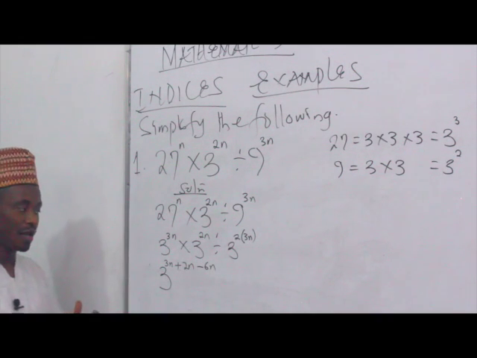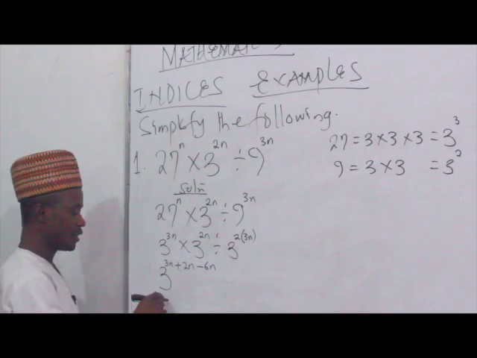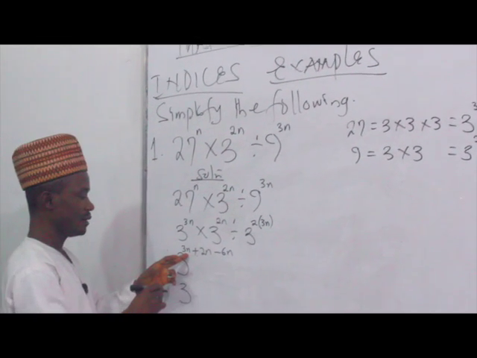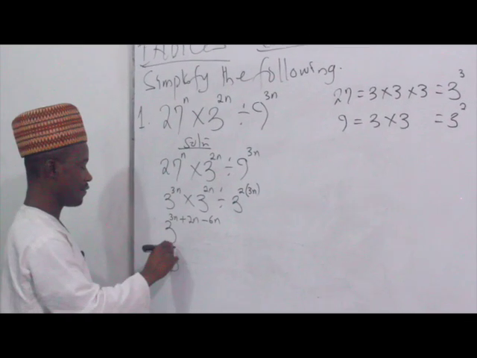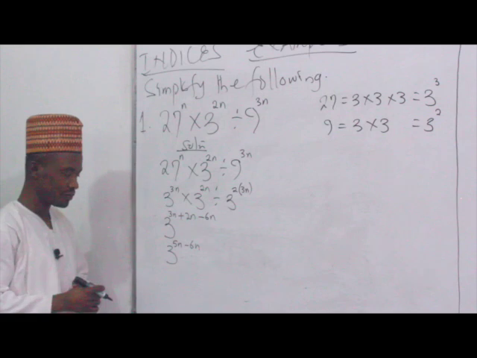So now we can simplify the exponents. This will now be 3 raised to the power of 3n plus 2n, 5n, then minus 6n.